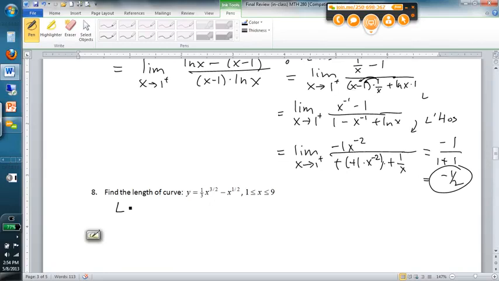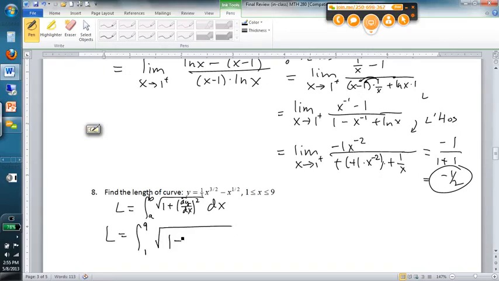L equals arc length: the integral from a to b of the square root of 1 plus f prime of x squared. F prime or dy dx squared, yeah. So in this case, L will be the integral from a to b, that's my 1 to 9, of the square root of 1 plus the derivative of this guy.